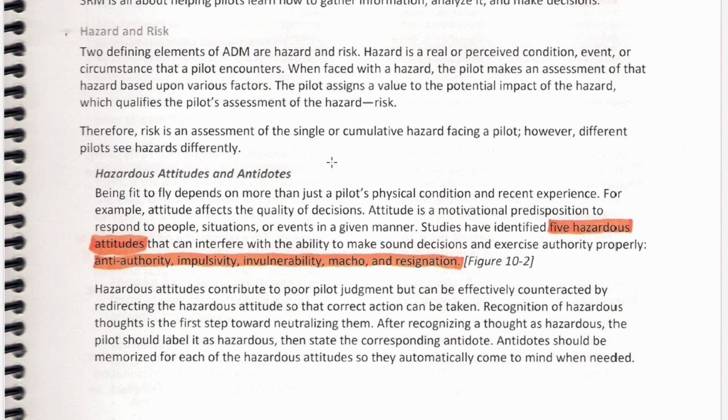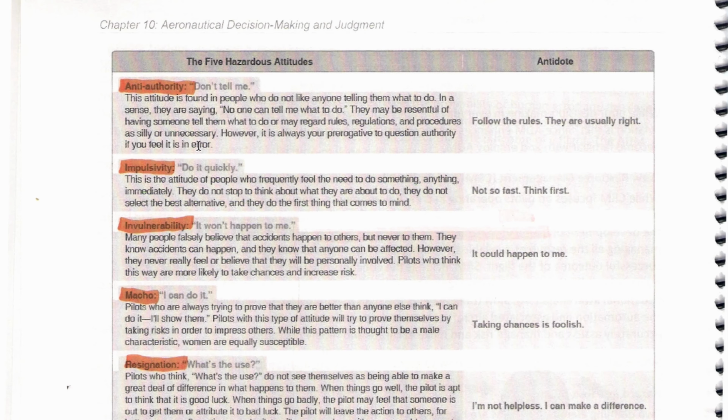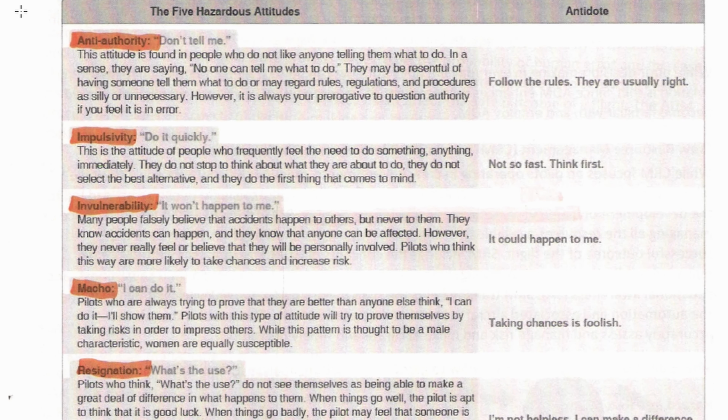So you're going to have like 2 questions where they tell you a behavior, and they want you to pick which one it is. Okay, so here are the examples. Like I said, I believe there were 2 questions where they said this pilot was doing this. What hazardous attitude is that?